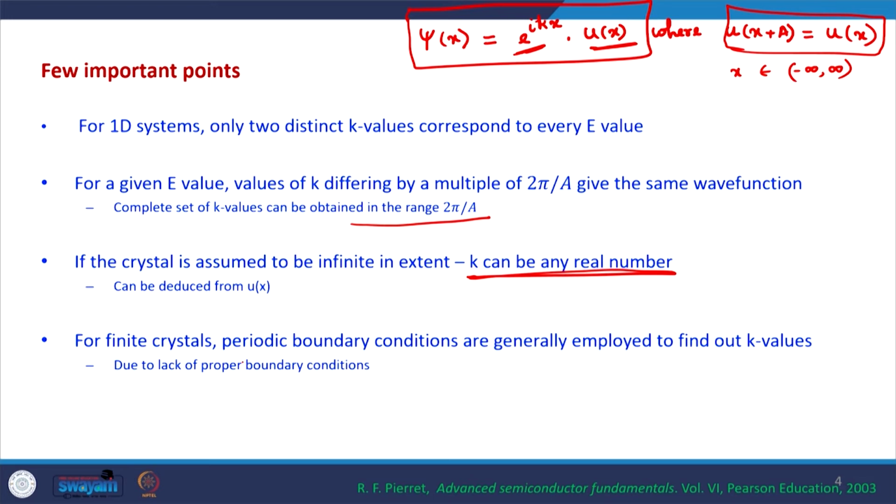So, what is the periodic boundary condition? In a finite crystal, which means that now the crystal has n number of atoms, atomic cores, 1, 2, 3, 4 up to n minus 1, n, and if the distance between each of them is a, then what we assume is that the wave function is periodic with the period n times a, the entire length of the crystal.